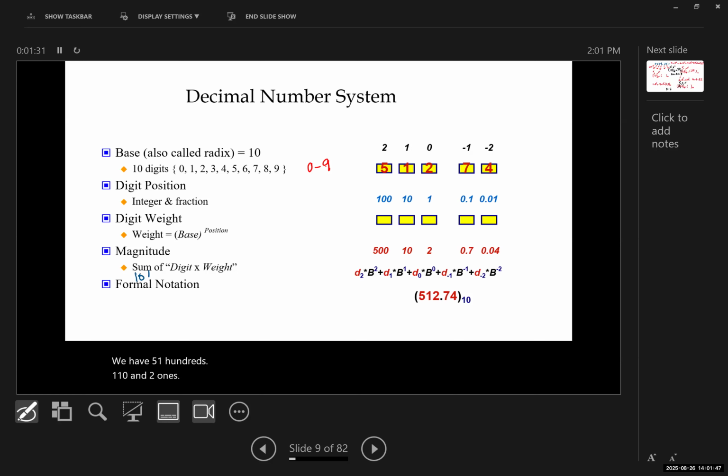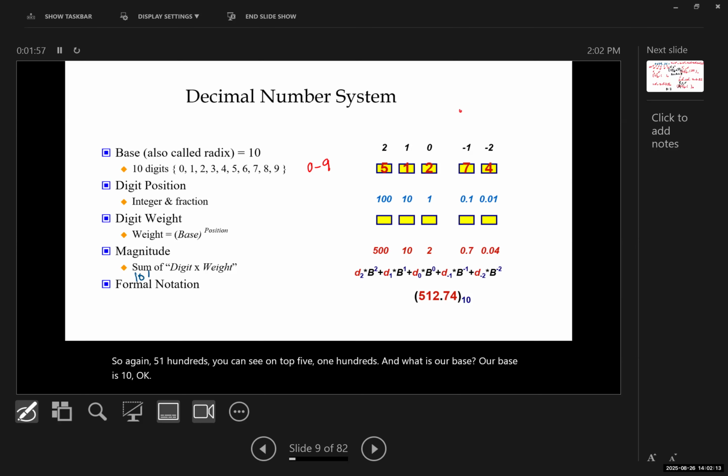And we have 7 0.1s and 4 0.01s, okay? So again, 5 100s, you can see on top 5 100s. And what is our base? Our base is 10, okay?